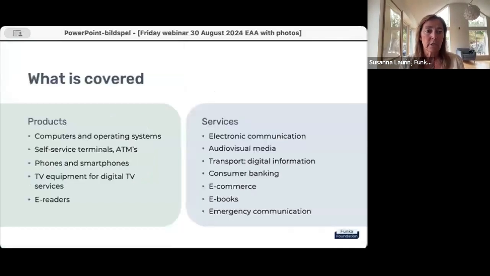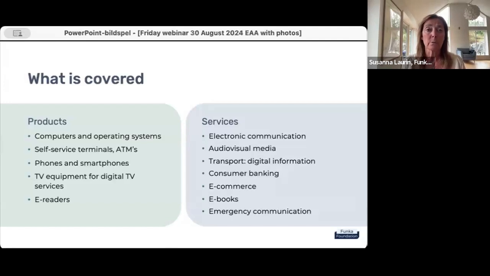The products covered are computers and operating systems, self-service terminals, ATMs, phones and smartphones, TV equipment for digital TV services, and e-readers. And on the service side, we have electronic communication, audiovisual media, the digital information, ticketing machines, and check-in machines, and so on, connected to transportation.